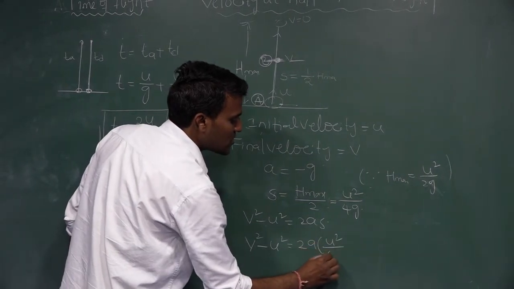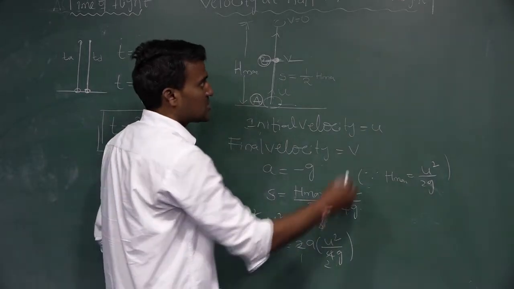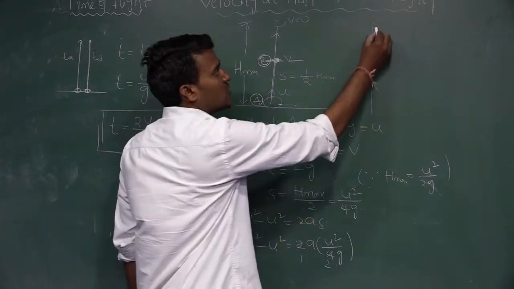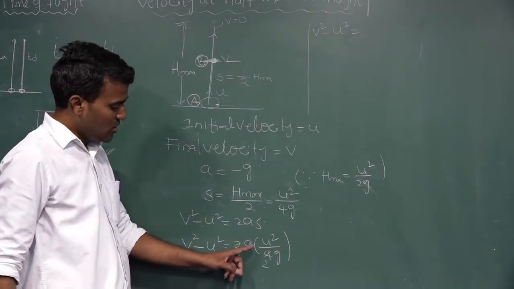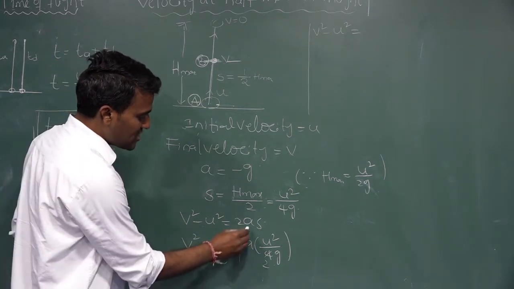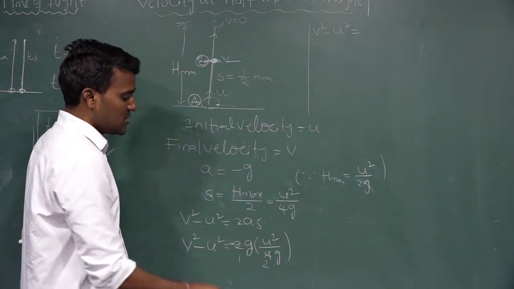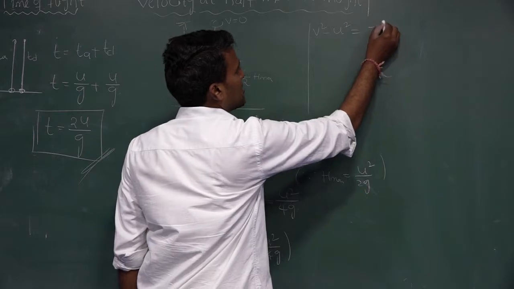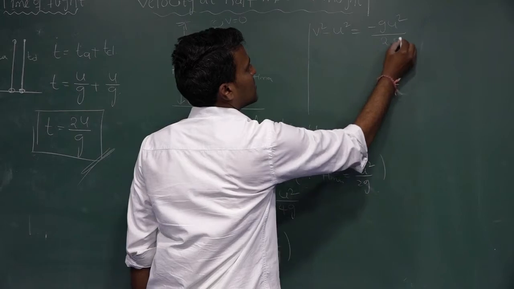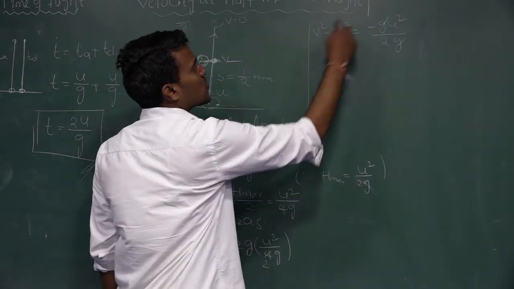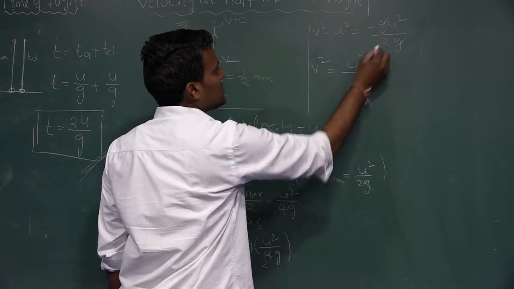We can get the calculation step by step. v square minus u square is equal to a into s. Here a is equal to minus g, so I am writing minus g, and 2 already cancelled, minus g into u square by 2g. g also gets cancelled. u square I am taking to that side, so v square is equal to u square by 2.